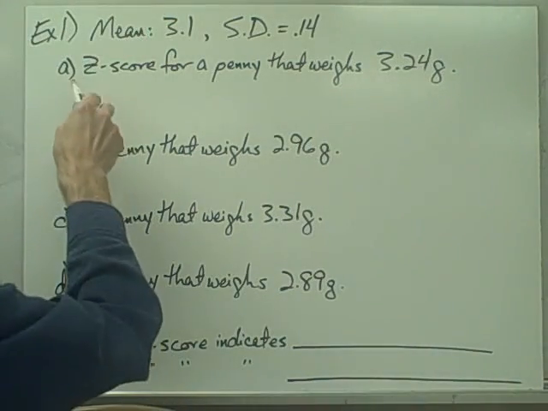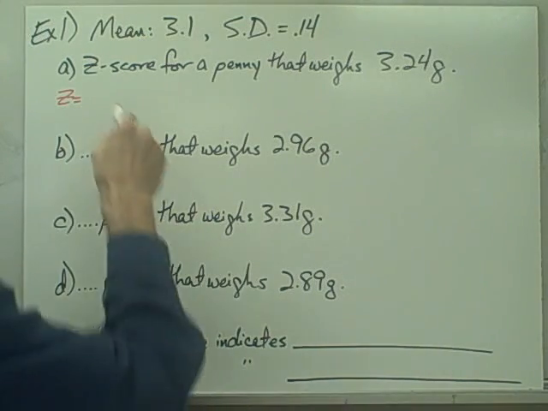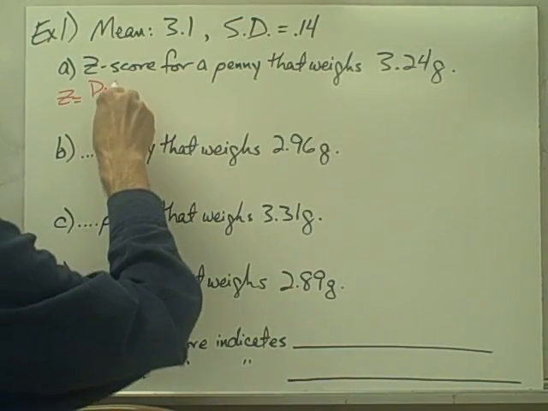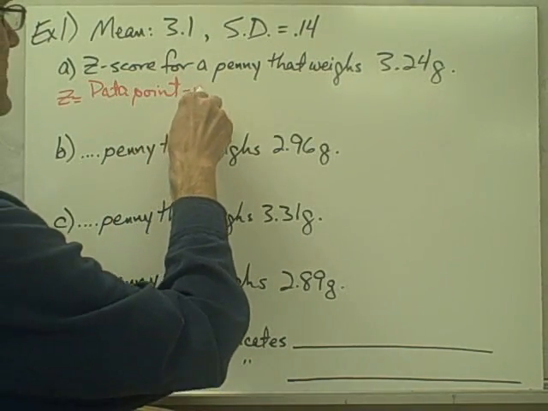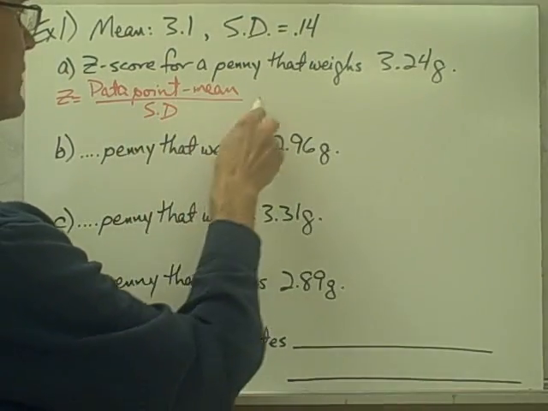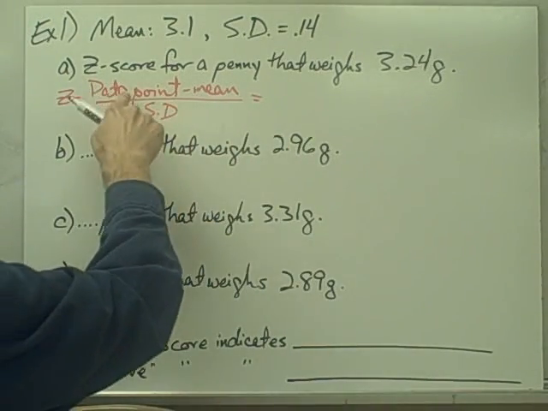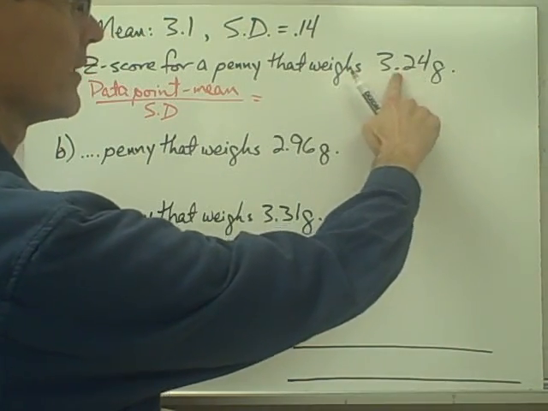Well, I have my z-score formula here. The z-score formula just says the value of the data point minus the mean, divided by the standard deviation. The data point that I'm interested in is the weight of this particular penny.